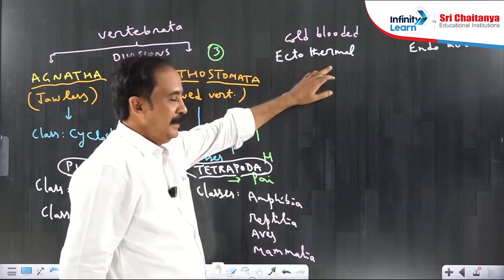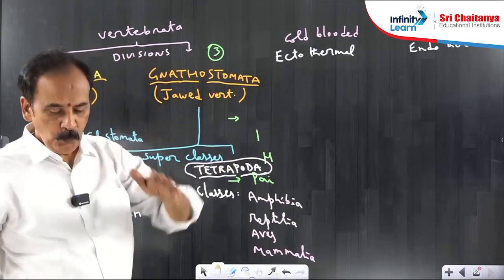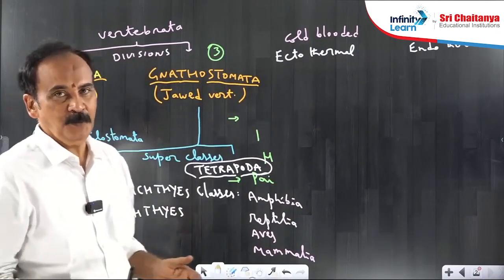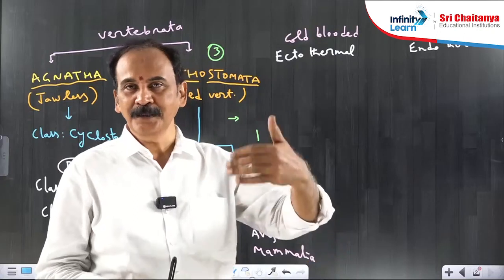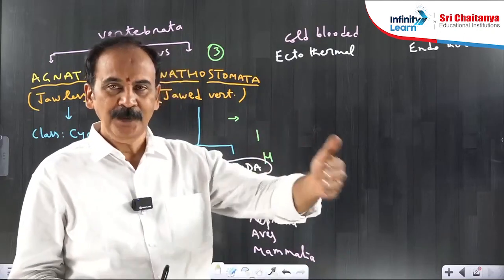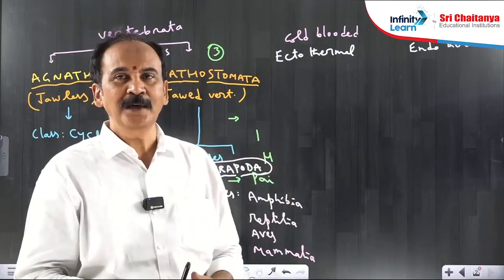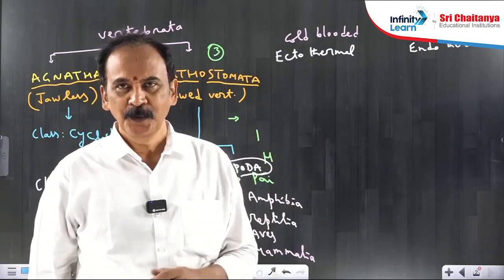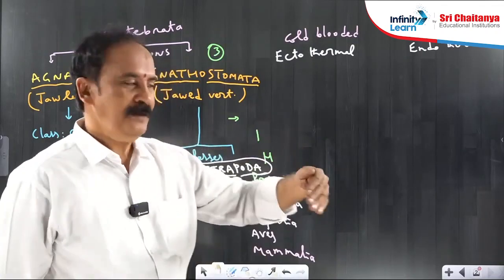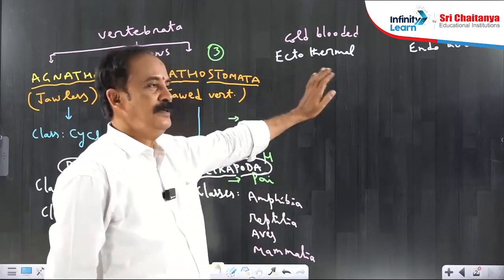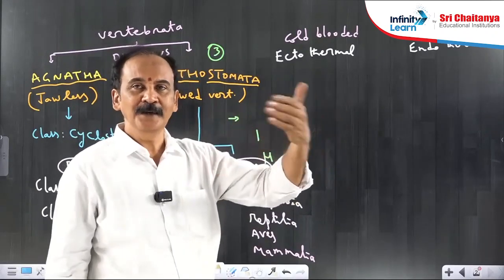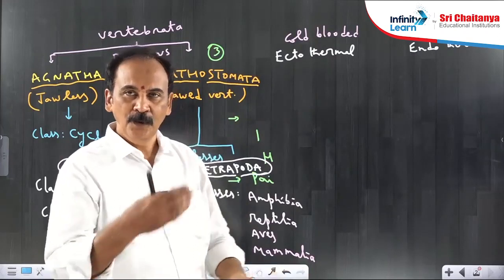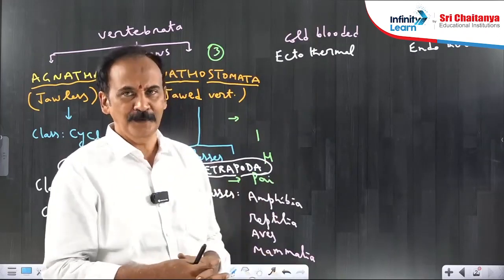Ecto means outside, therma means heat. Cold-blooded animals are the animals where their body temperature will be changed or altered by the outside temperature. Temperature comes from outside environment. Whatever temperature is there outside, body temperature is according to that, it will be either raised to environmental temperature or decreases based on environment.